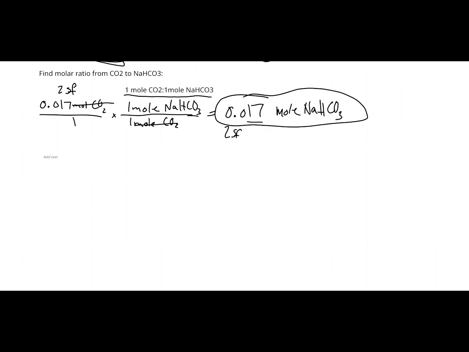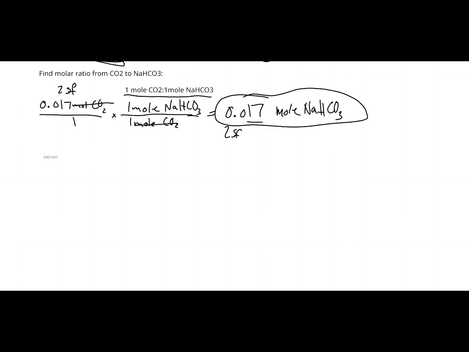We know where it's at, and we know that we can stay to the hundredths place. We end up with 84.01 AMU. And this means that 84.01 grams of sodium bicarbonate is actually 1 mole of sodium bicarbonate, okay?